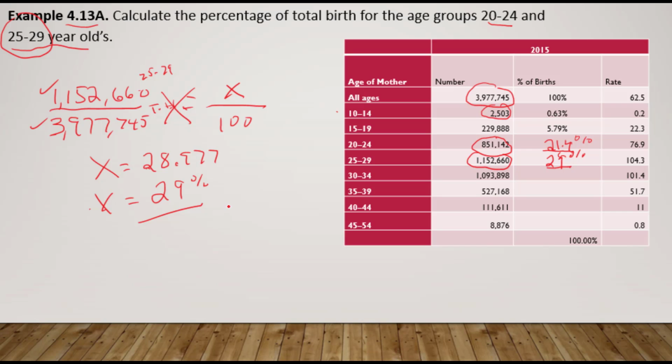And what can I say about that? I can say 29% means 29 out of 100. So the meaning of this rate, which is a percentage, is that for every 100 births in the United States in 2015, 29 of them can be attributed to women 25 to 29 years old.